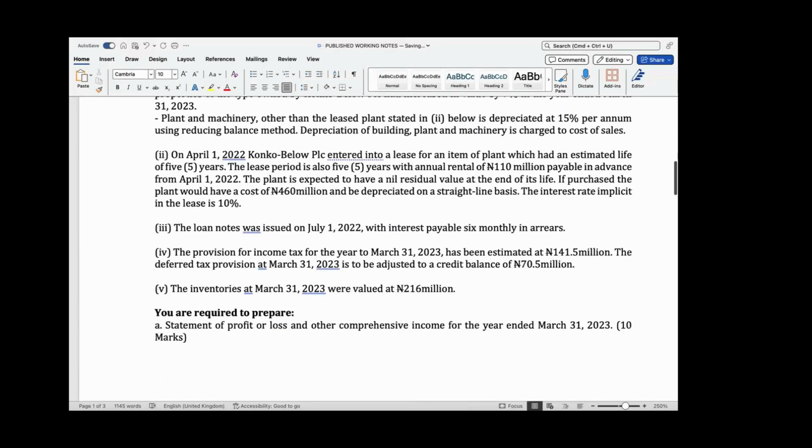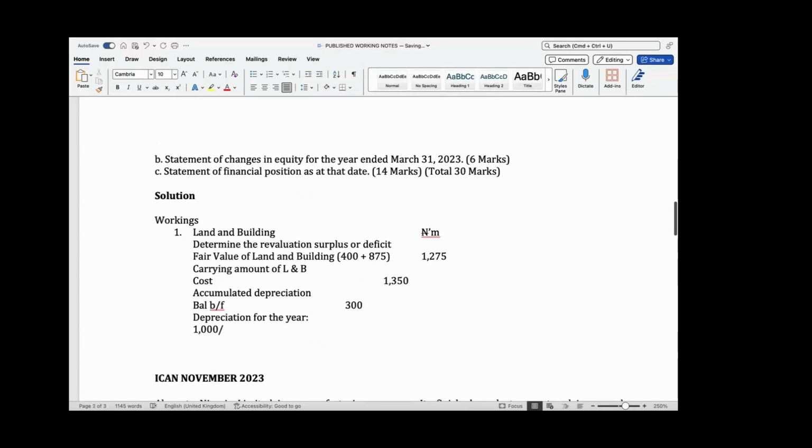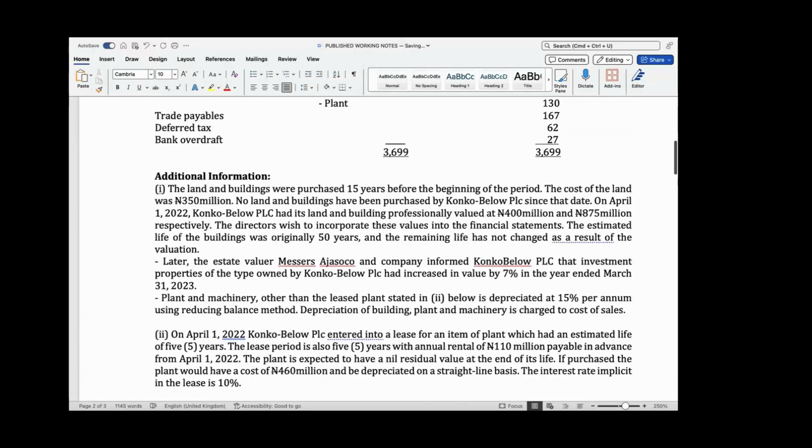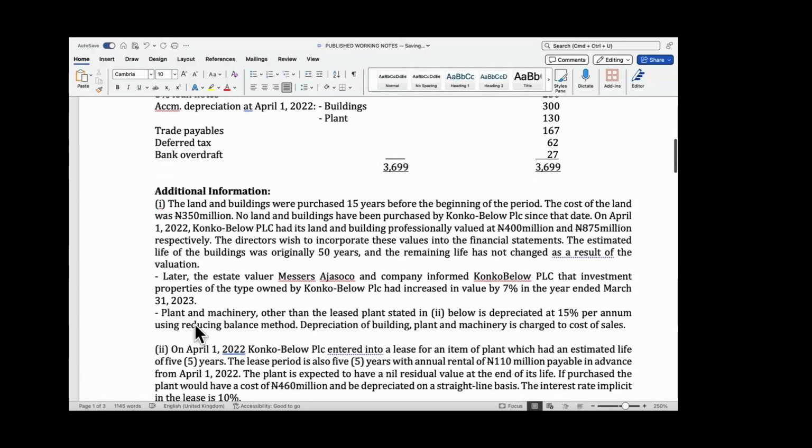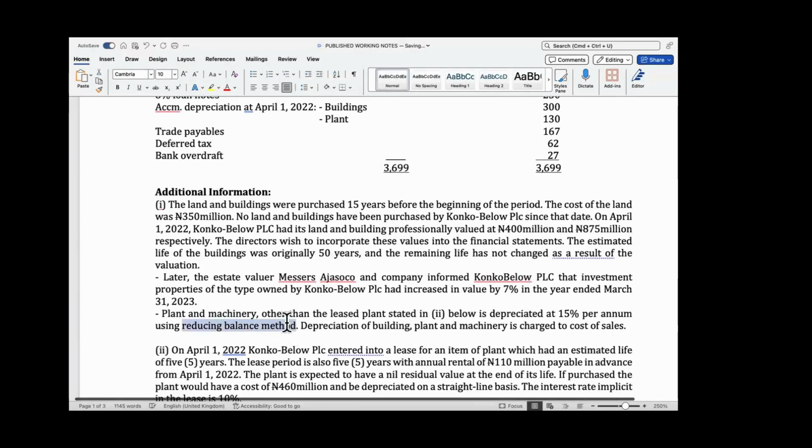This will not work. This is not going to work. I'm doing it like the straight line method. I was told that depreciation is done on a reducing balance method.